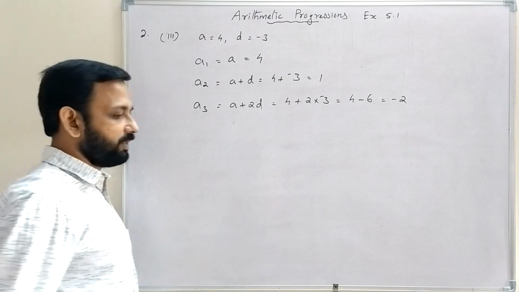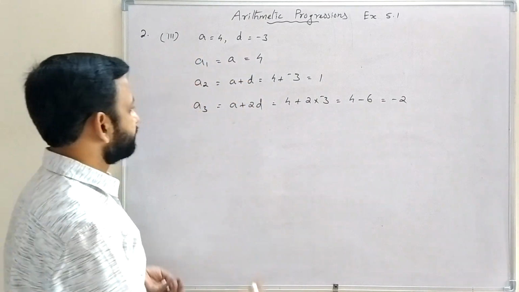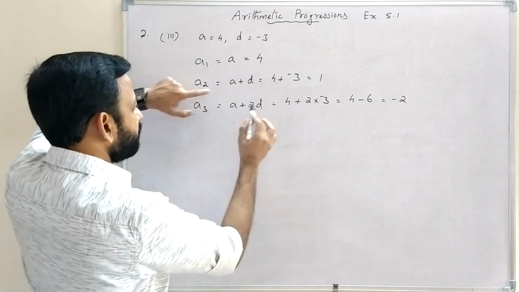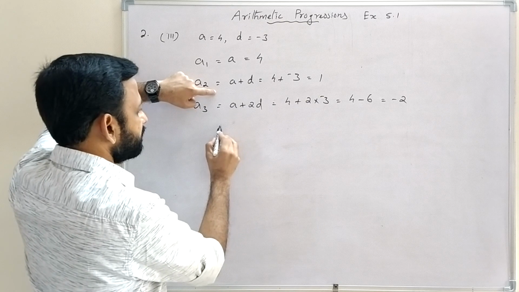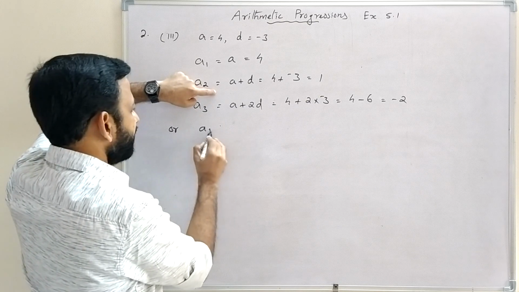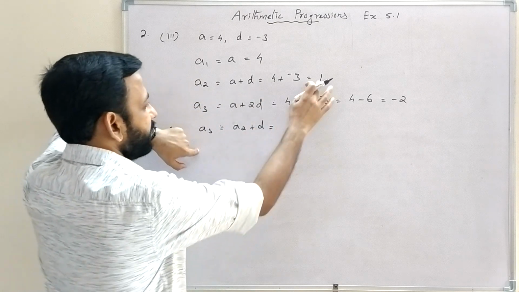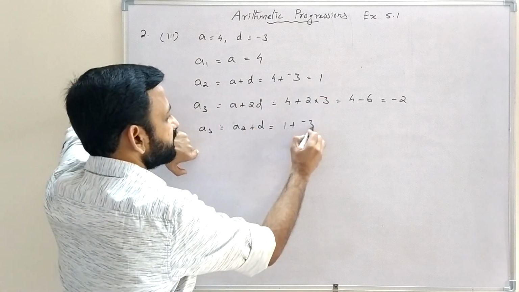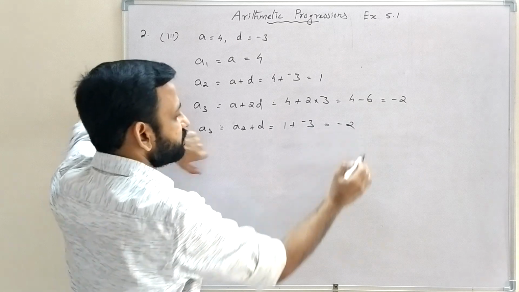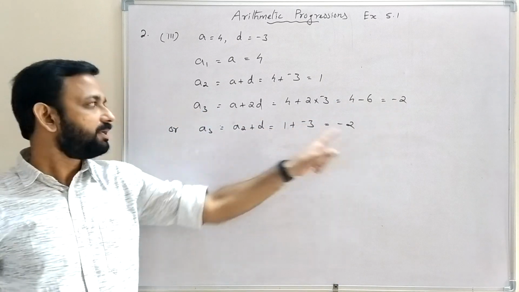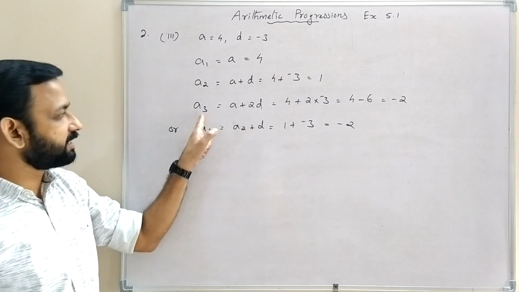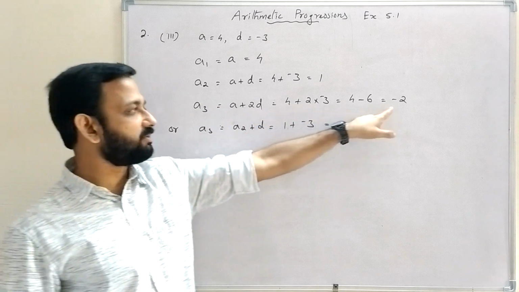Or we can do it like this: a3 is equal to a2 plus d. a2 is 1 plus minus 3, which is minus 2, so we got the same number. When we use the formula a3 is equal to a plus 2d, we can calculate.